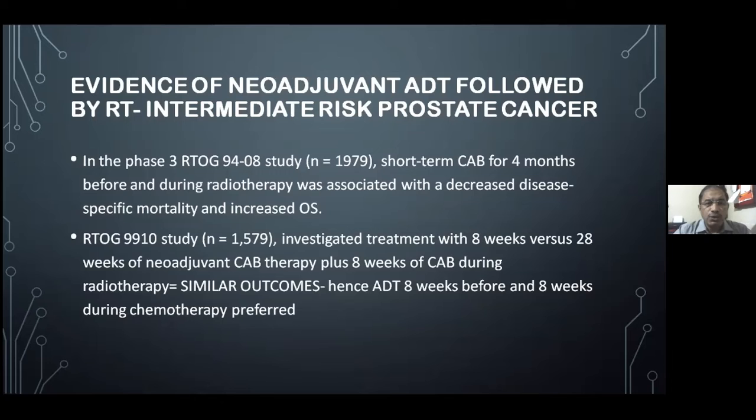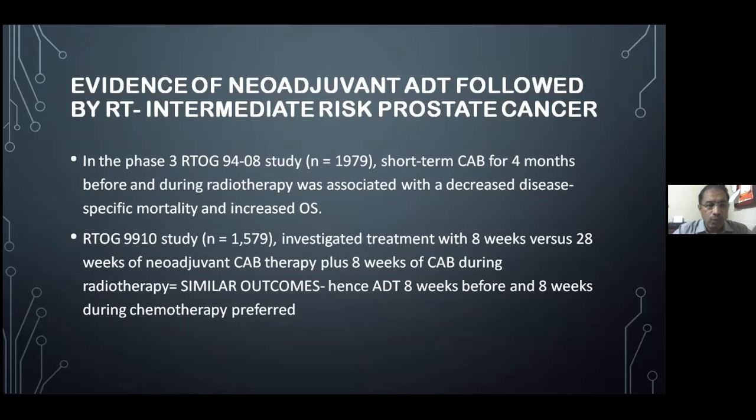Coming to evidence for neoadjuvant ADT followed by RT in intermediate risk prostate cancer. In one of the studies by RTOG, short-term combined androgen blockade for 4 months before and during radiotherapy was associated with decreased disease-specific mortality and increased overall survival.